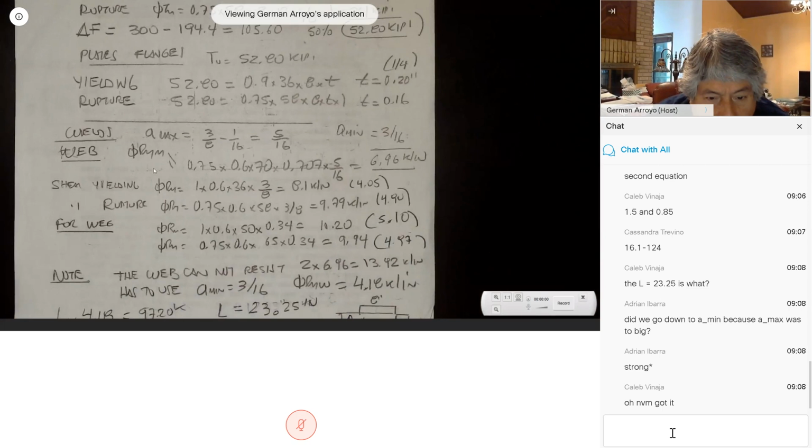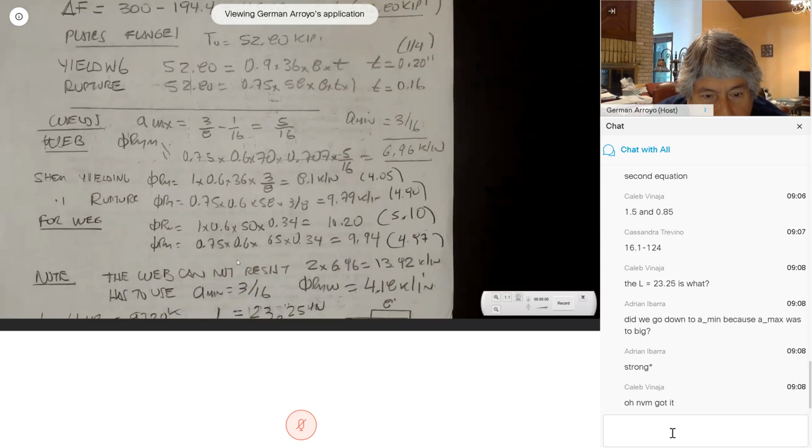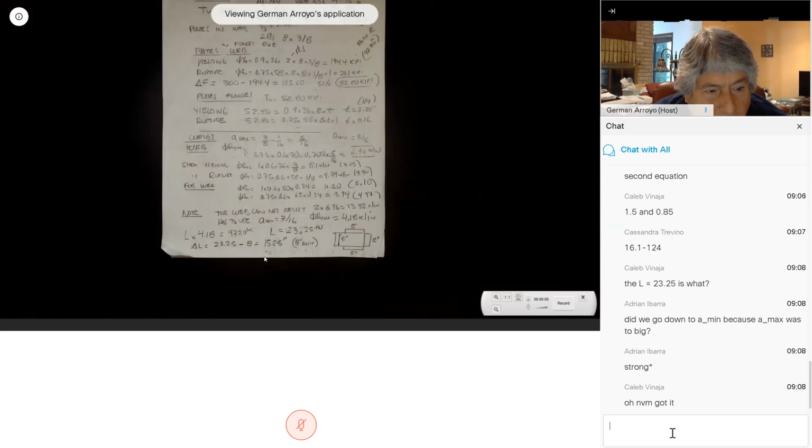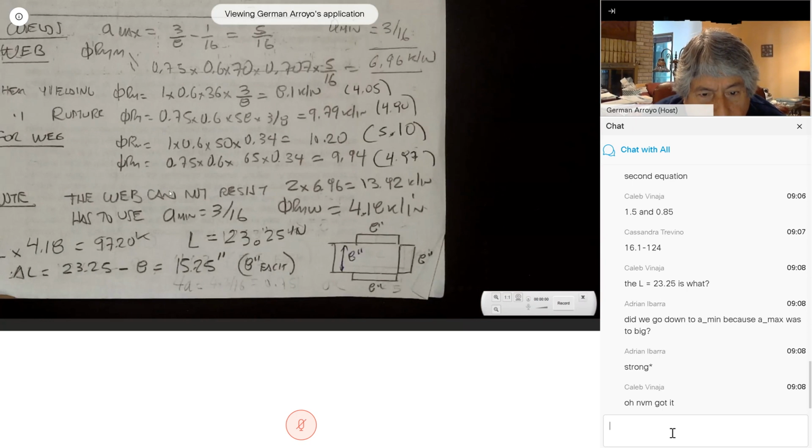I put a note: the web cannot resist 2 times 6.96 because it's 13.92 kip per inch. The maximum capacity really is 9.94. That was the reason why I changed to the minimum.